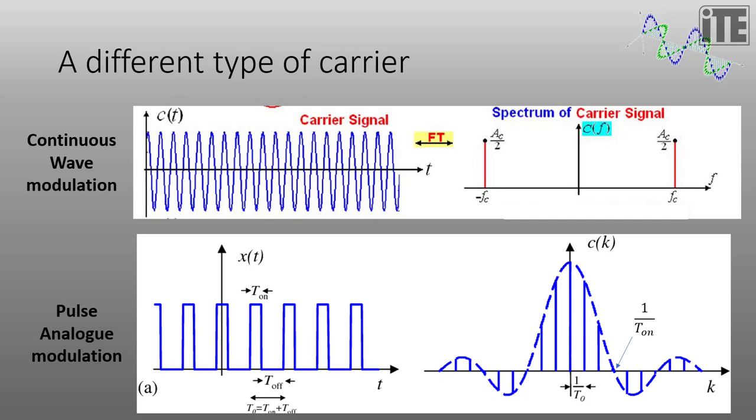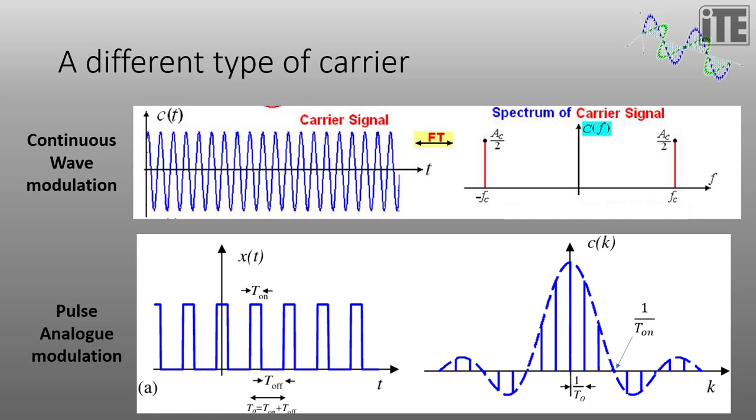It's actually a series of pulses at regular intervals at 1 over t0, where t0 is the periodicity of the pulse train, and the zero crossings of the envelope shown here are given by the inverse of the width of the pulses.